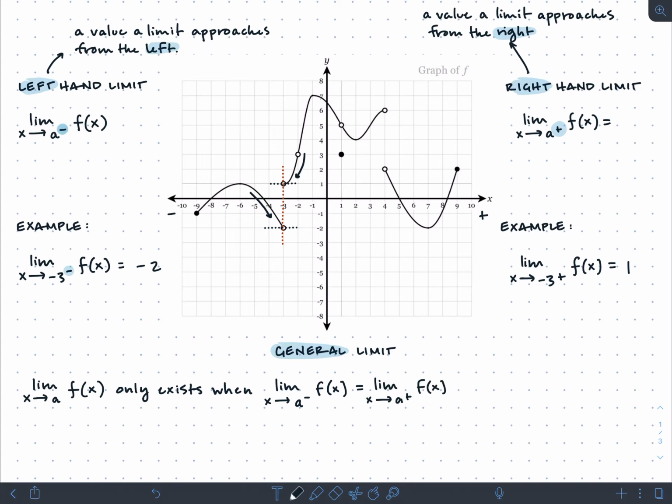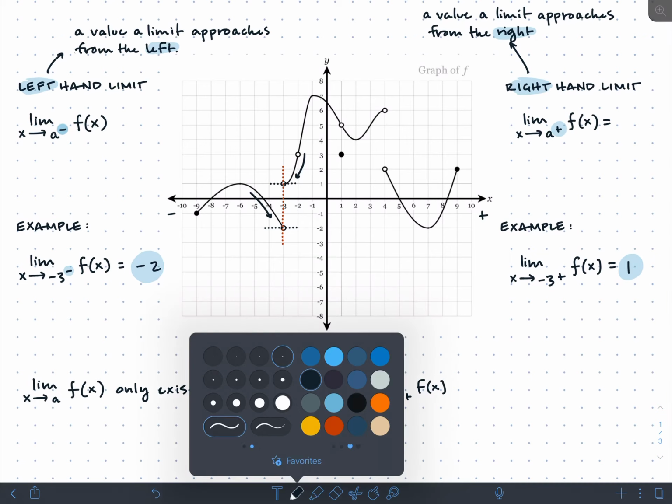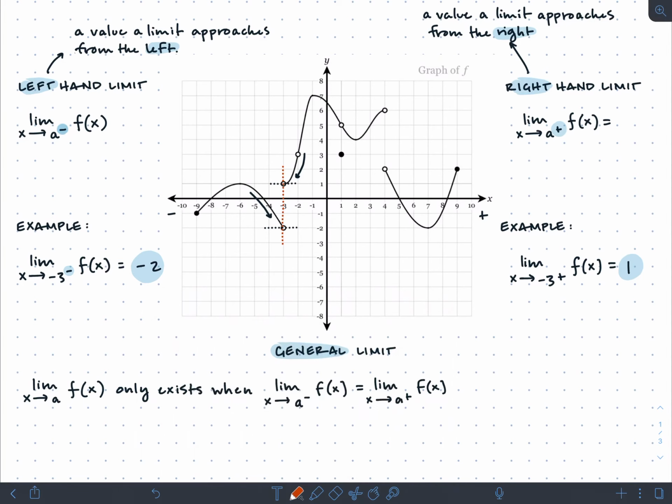Okay. So you'll notice in this case, at -3, the general limit would not exist because the left-hand limit equals -2 and the right-hand limit equals 1.